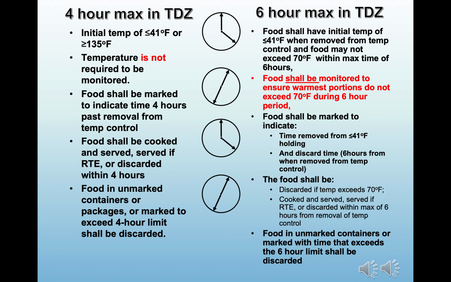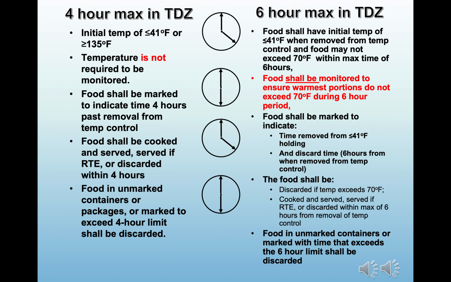For cold foods, time can be used to control bacteria growth for a 6-hour maximum hold time in a temperature danger zone. The initial temperature of the cold food must be 41 degrees Fahrenheit or below and must not reach a temperature over 70 degrees Fahrenheit within the 6-hour maximum. Food should be monitored at frequent intervals to ensure that the warmest part of the food does not reach above 70 degrees.